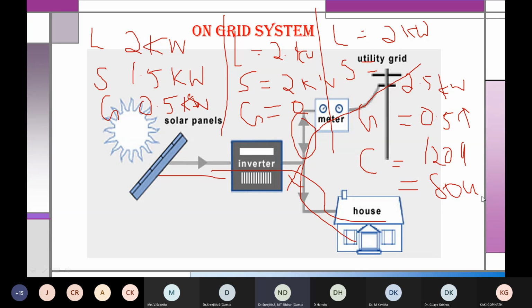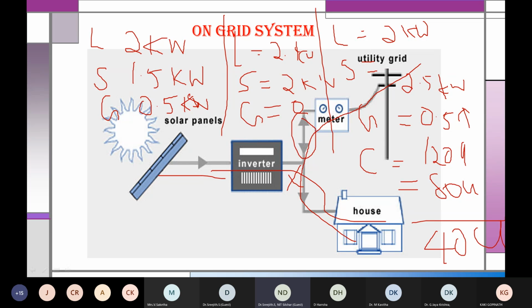Okay, clear? He has consumed 120 units from the grid, and at certain times the solar power output will be more, so he has given back 80 to the grid. So what he needs to pay is the remaining 40 units. That means only the net difference he has to pay. So this concept is called the net metering concept.